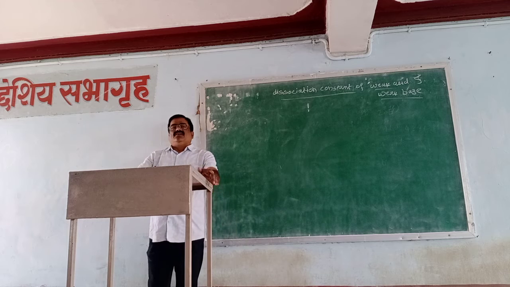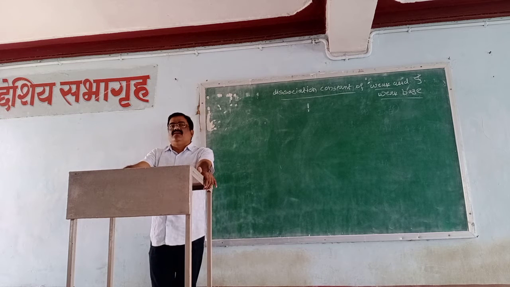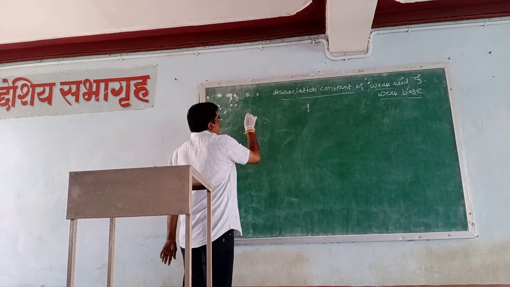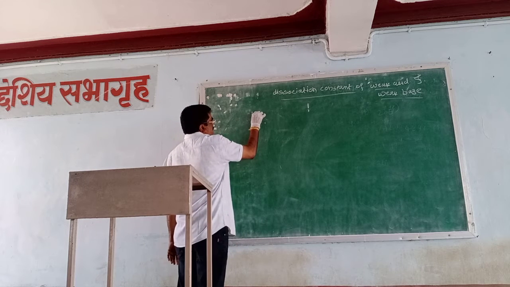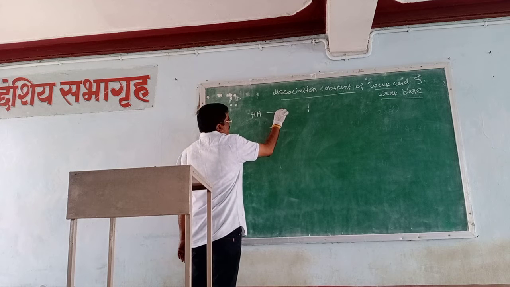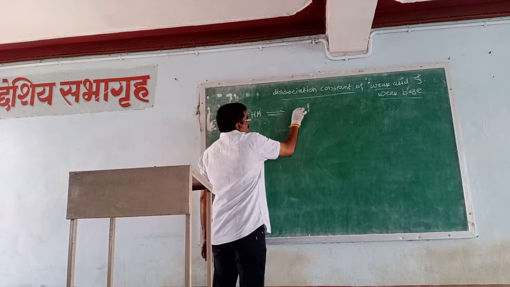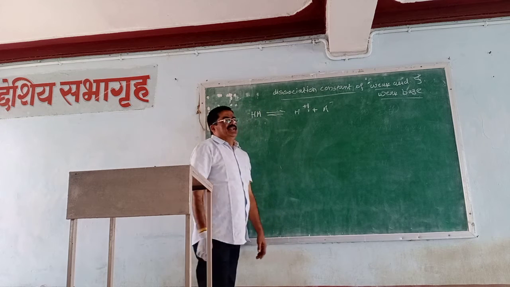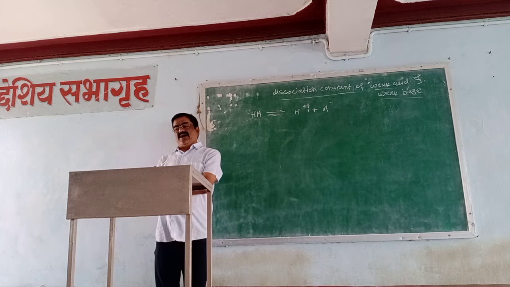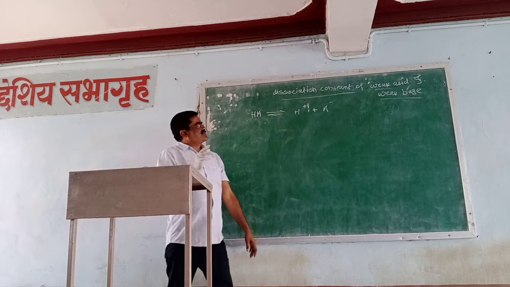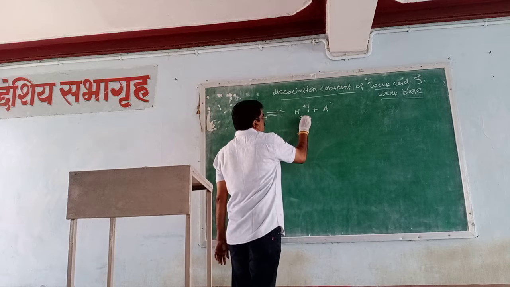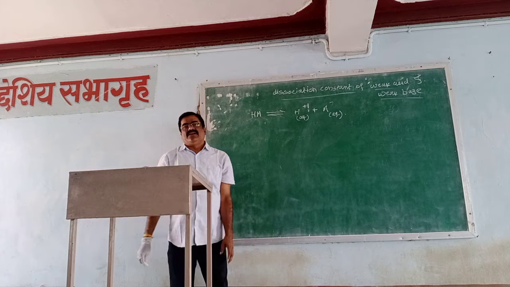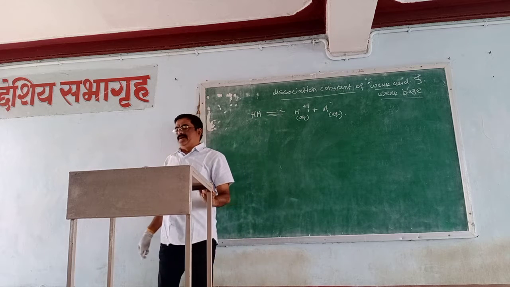Consider the dissociation of weak acid HA in water. HA is considered the weak acid. It dissociates in water and forms H plus and A minus in the aqueous medium.